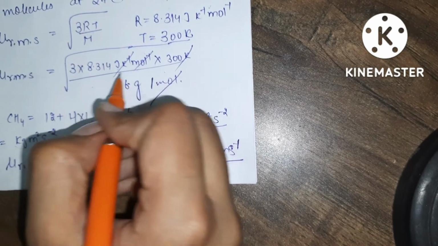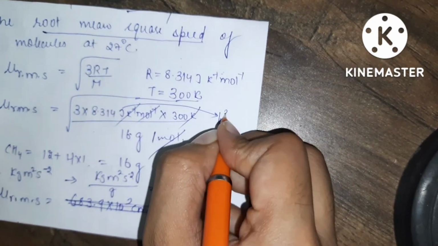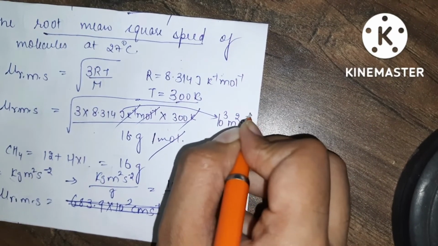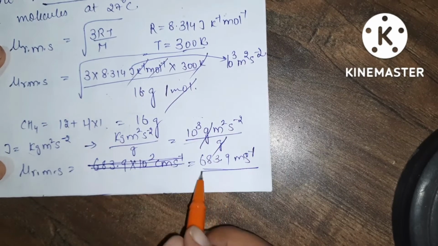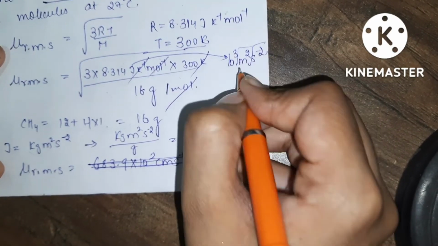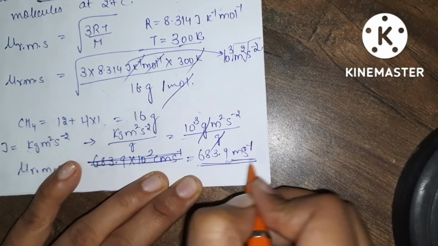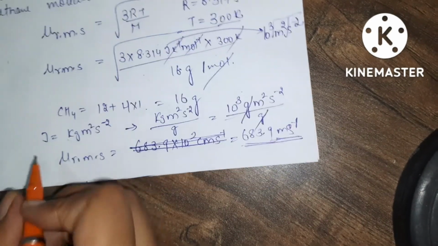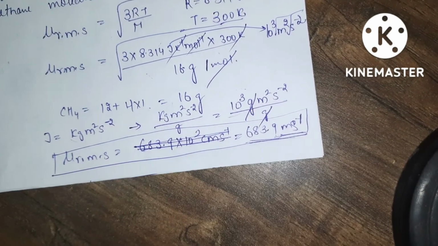After calculating the whole value, after rooting, meter square becomes meter, and second inverse is the unit of URMS, the root mean square velocity.